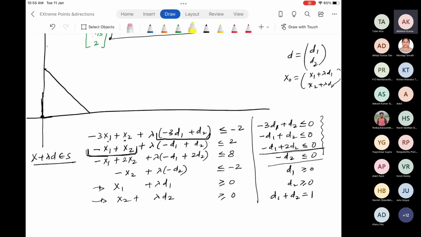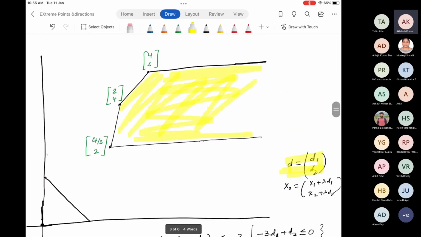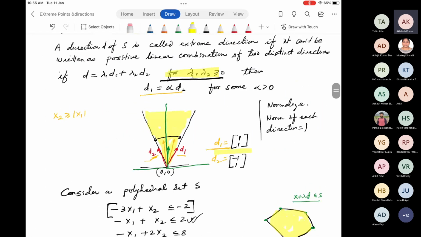See, when I'm putting this d as this one, I'm just looking at it as maybe two-dimensional. But yes, d1 and d2 will give you some angles, right? Like in this case, when I put d equals 1, 1, what does it tell? What is the angle? 45 degrees. So this is what d1 and d2 are. Does that make sense? Yes, sir.